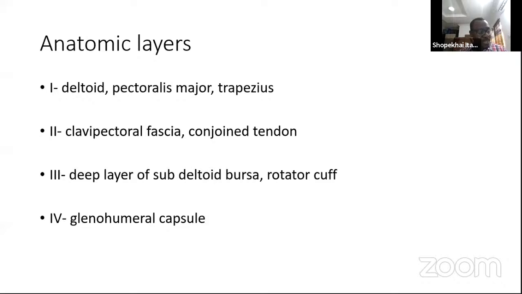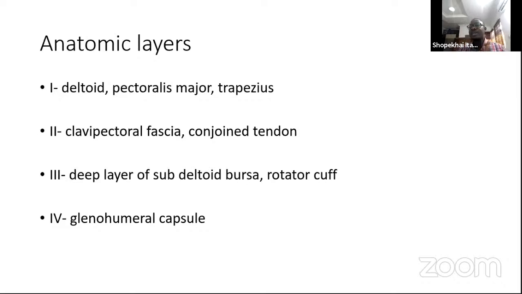I'll start by talking about the anatomic layers, which Cooper et al. described. We say there are 4 surgical anatomic layers of the shoulder. The first layer consists of the deltoid, the pectoralis major, and the trapezius. That's what you see first when you do either the deltopectoral approach or the deltoid splitting approach and get past the subcutaneous tissue.